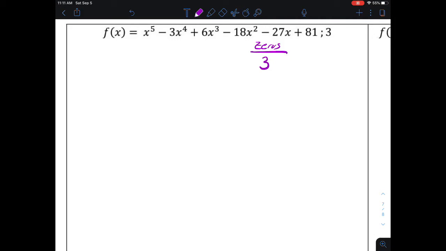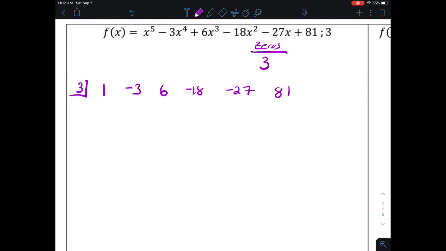Well, since I have a zero of 3, I can start the process of division to get the other ones. Because 3 is considered a linear factor, like x minus 3, I can do synthetic division. I'm going to take all of my coefficients of f. So 1, negative 3, 6, negative 18, negative 27, and 81.